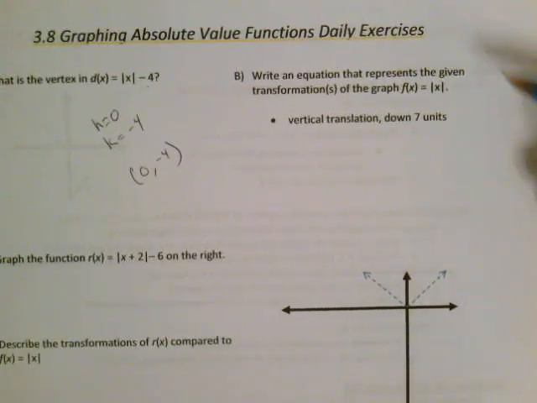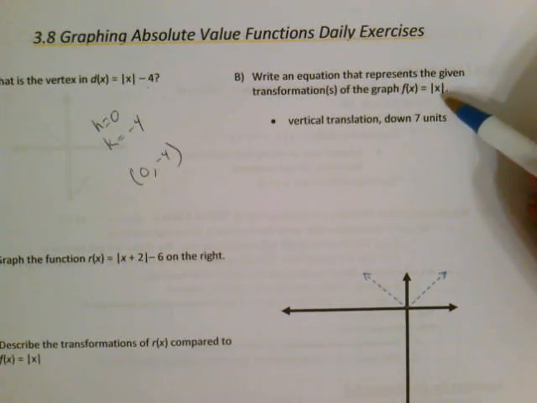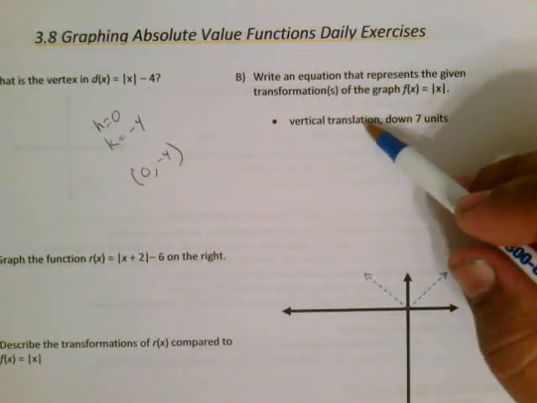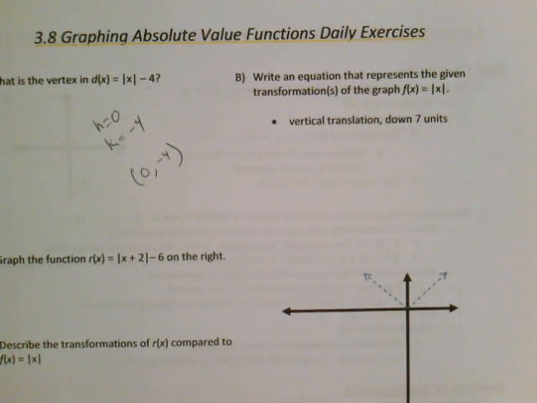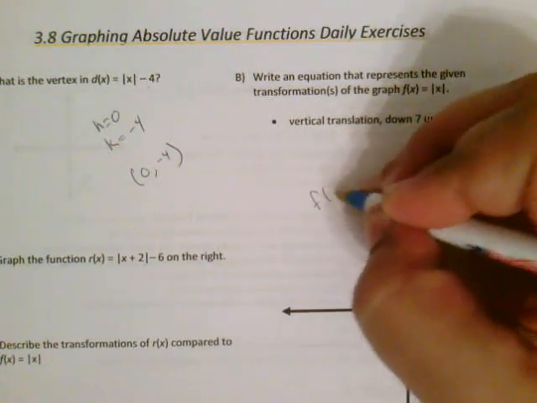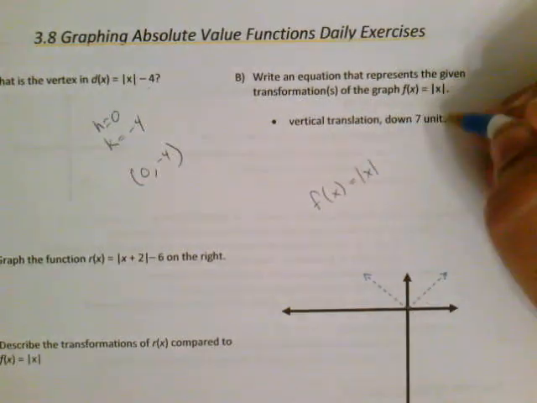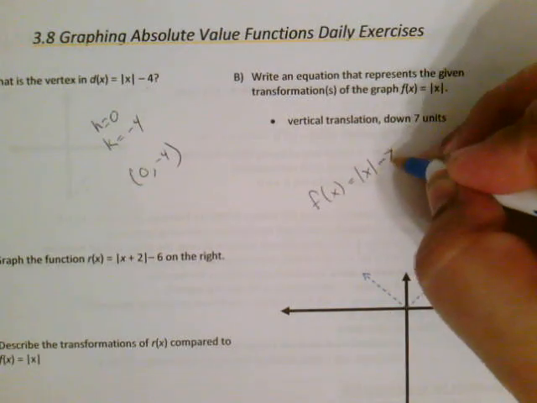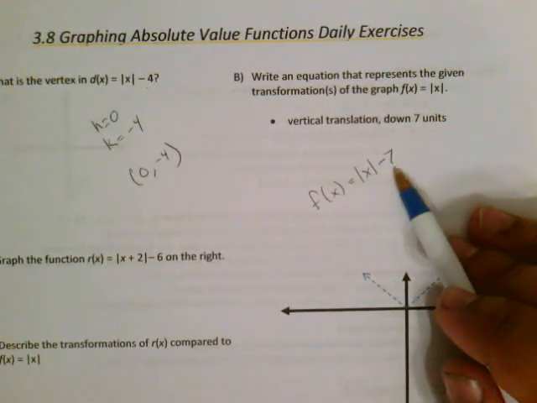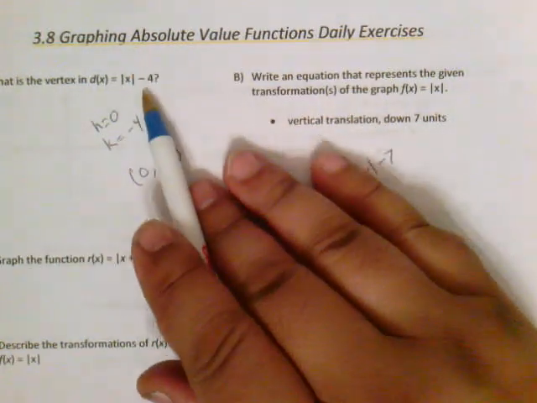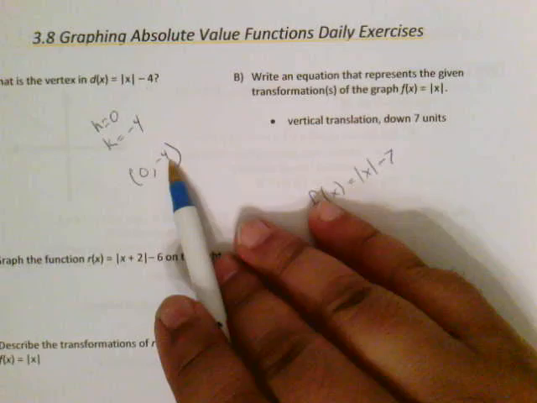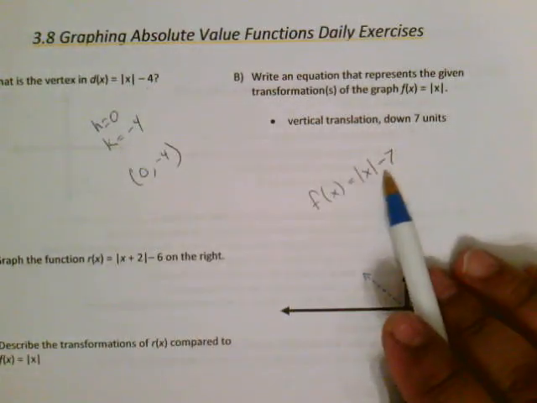Write an equation that represents this, but moving down 7 units. To show people that it's the same thing, but I moved it down 7, I'm going to put negative 7 in the K spot. That's how I know what the K is.